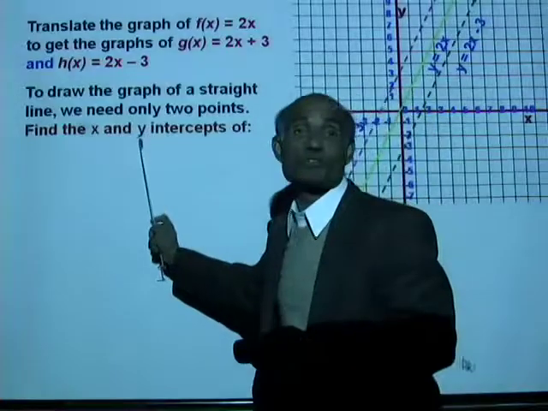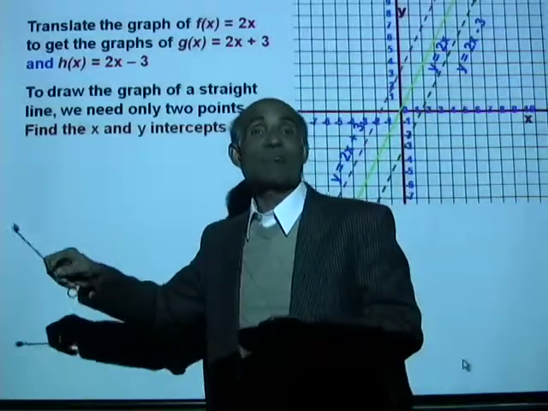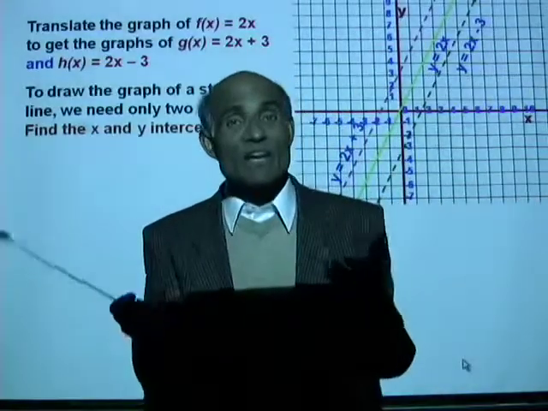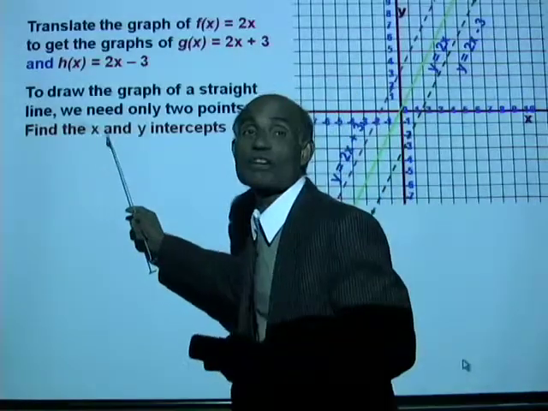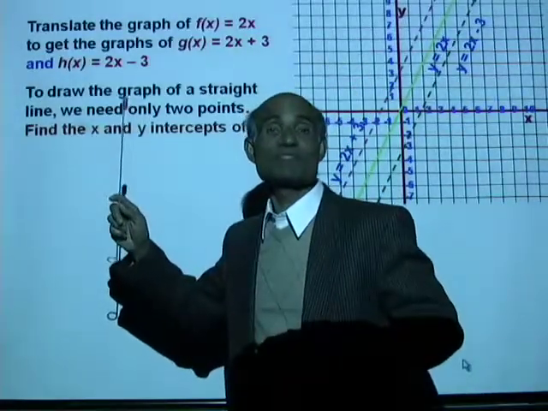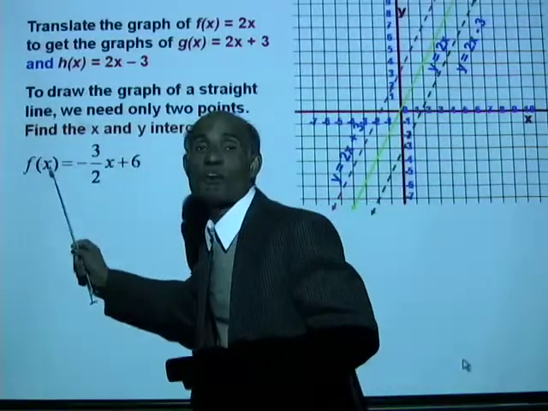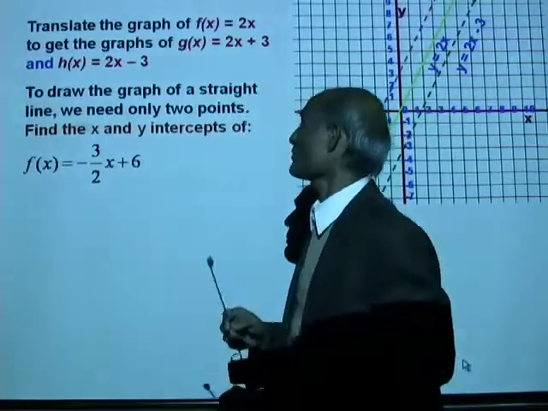And those 2 points conveniently can be the x and y intercepts. So in order to draw the graph of a linear function, you only need to find the x and y intercepts. Is that right? Now, let's look at the function f of x equal to negative 3 over 2 x plus 6.